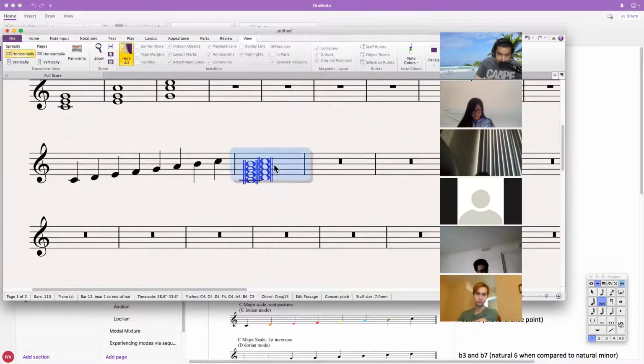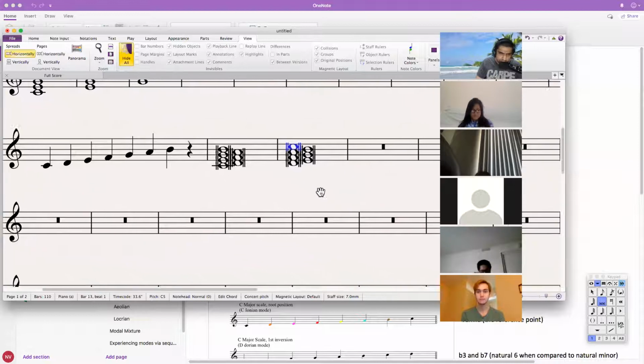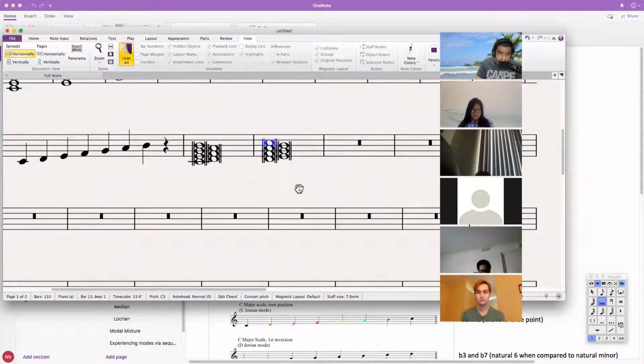So if I wanted to, I could actually invert this. I could take the bottom note of this chord and do that. Well, let's ignore the top note for a second. I'm going to get rid of the top note. Do you see what's happening? I'm basically taking the bottom note and putting it on top. In some ways, that's inverting the entire scale.